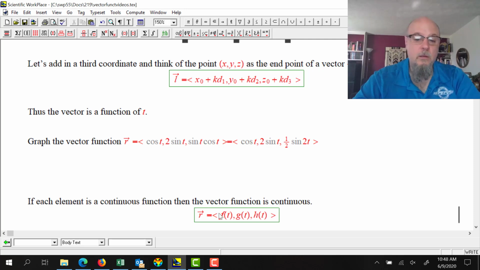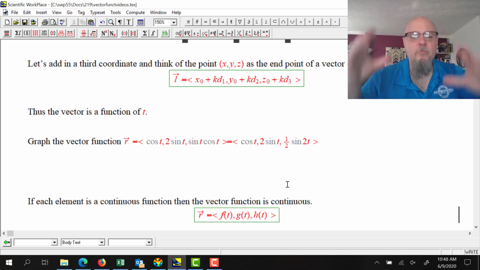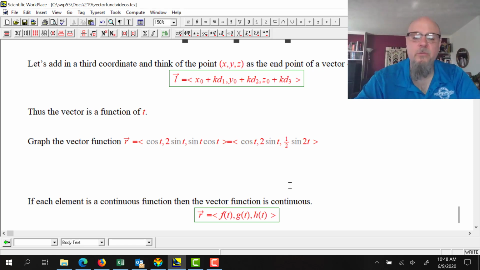The output is a 3D point. So the output is not all of R3, it's a subset of R3. It's the actual space curve where it goes. So it's hard to list the output without just looking at the equation. What we can say though is we can sometimes trap it in a box.